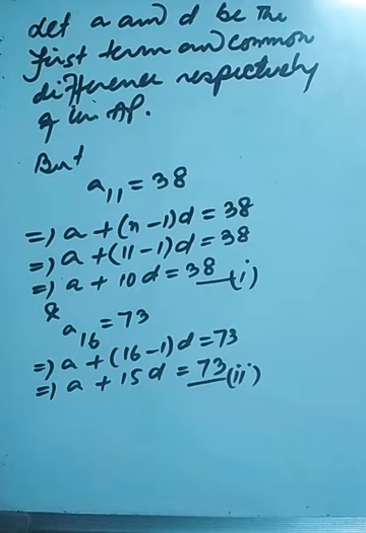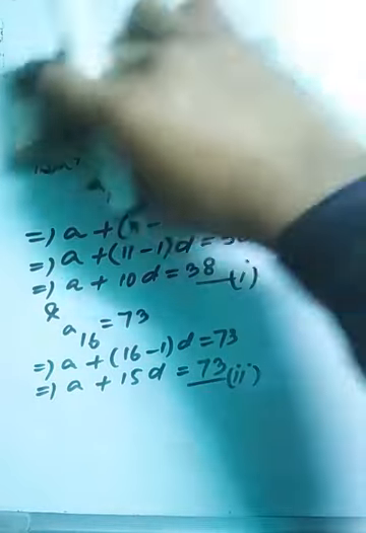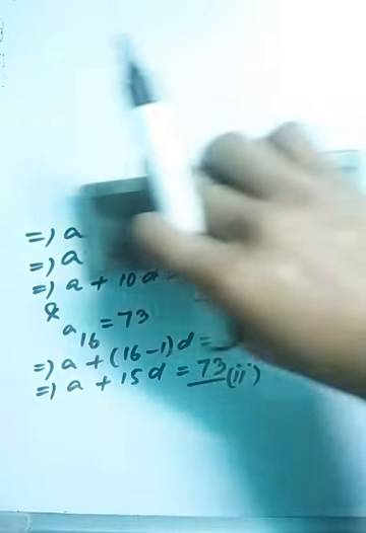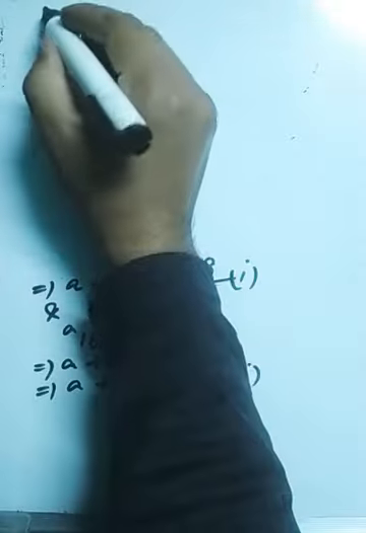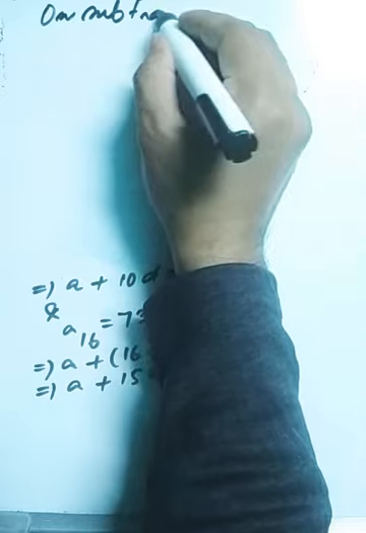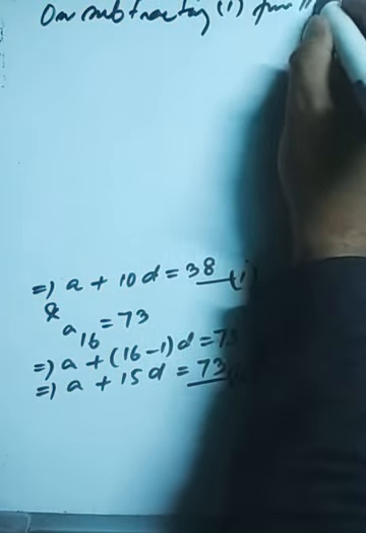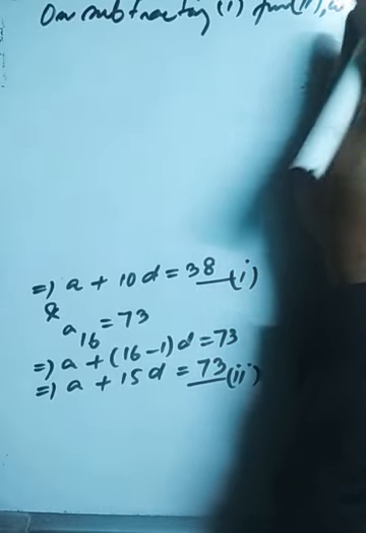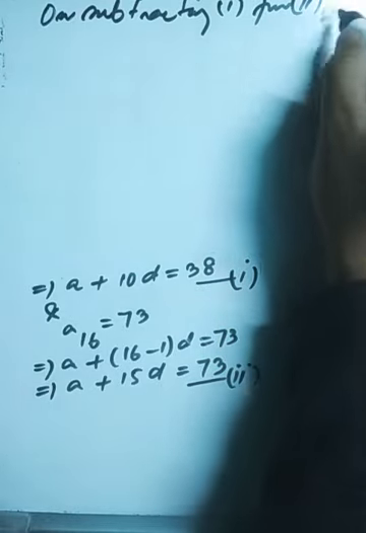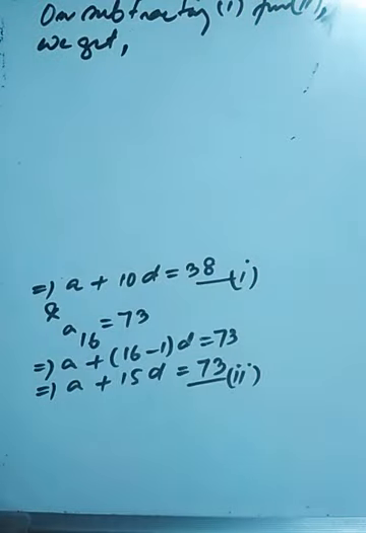So I'm going to subtract equation 1 from equation 2. So let me rub this part. So here on subtracting 1 from 2, we get, let us see what we get.